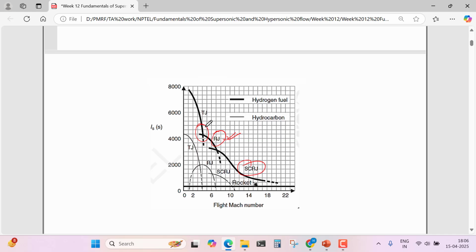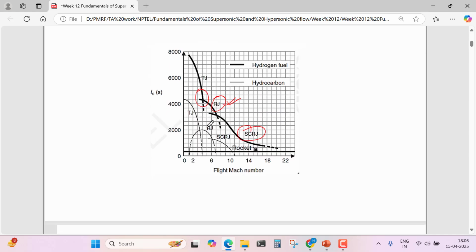In that class you might have seen this plot where specific impulse and flight Mach number are plotted together. Let's say for hydrogen fuel, there are the turbojet, ramjet, scramjet, and rocket engines.